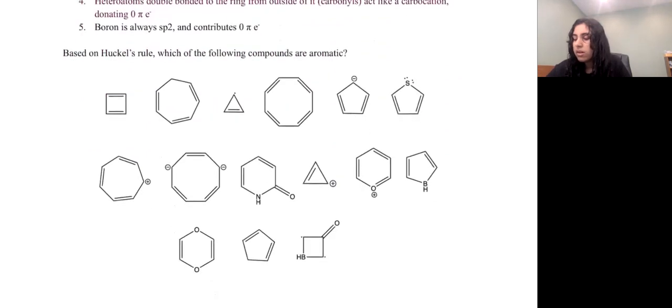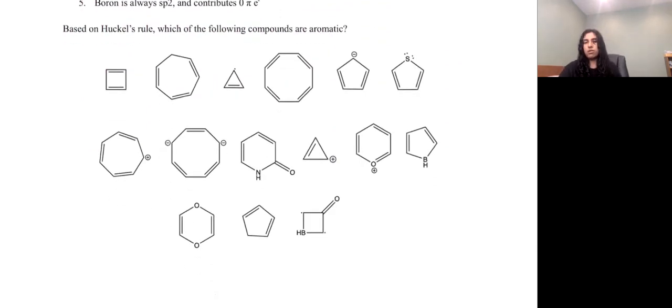Okay, so now we have a bunch of molecules, and all you have to do is find the ones that are aromatic. So I'll give you guys a minute to do that.